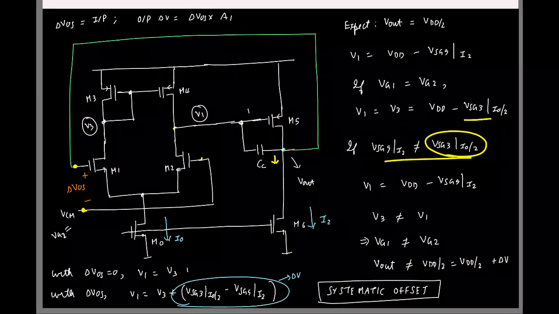Okay. So the bottom line is, to prevent systematic offset, we need to choose the source to gate voltage of the transistor M5 at a current I2 to be same as the source to gate voltage of M3 at a current I0 by 2.